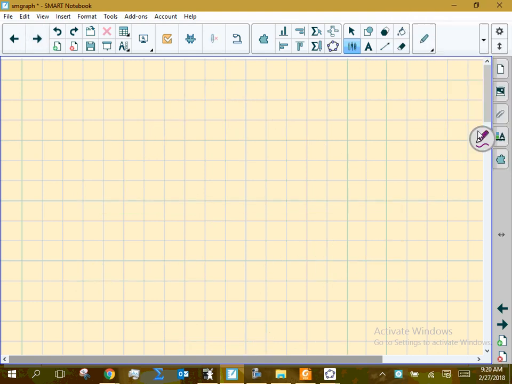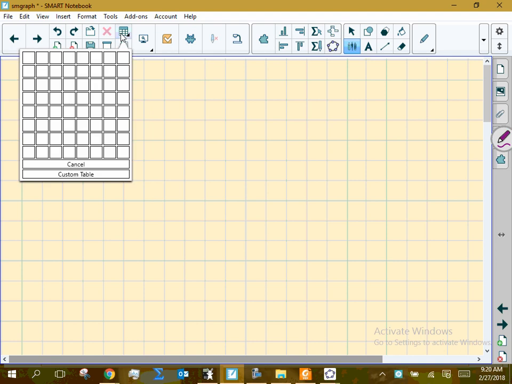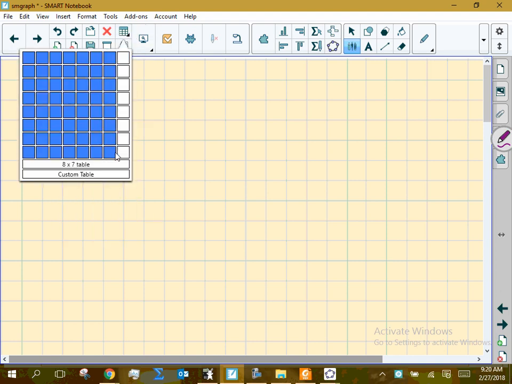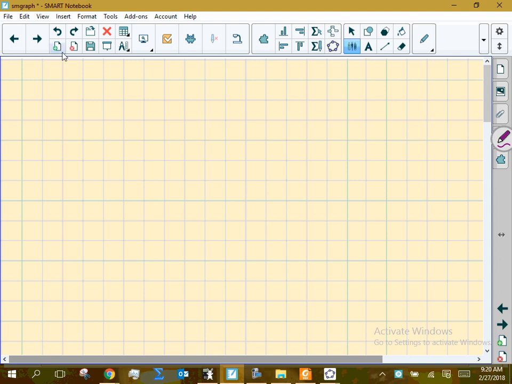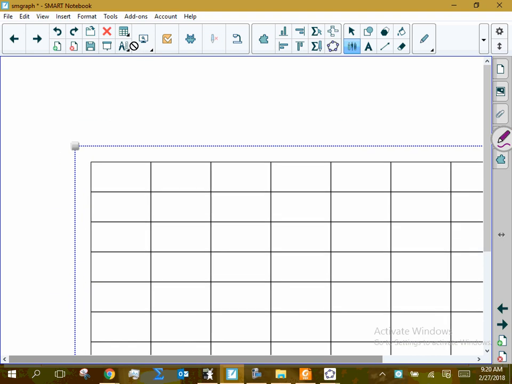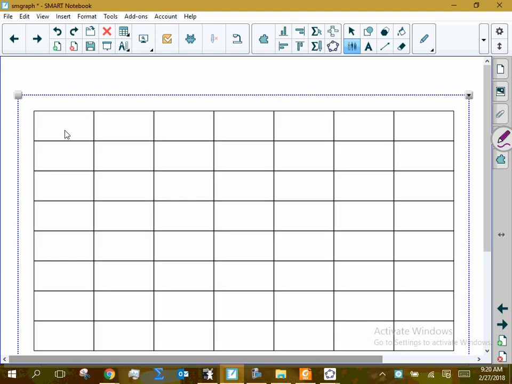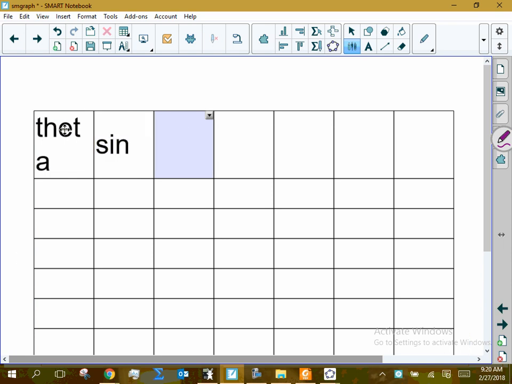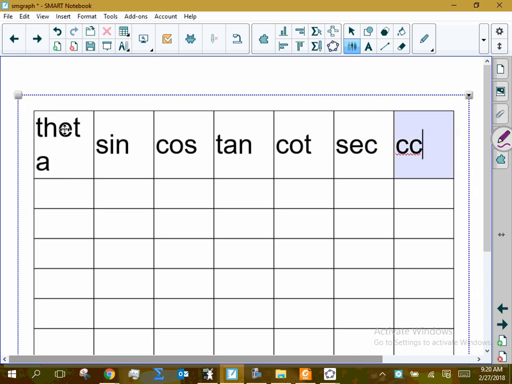In Chapter 5, there was a chart that said we're going to look at theta and then be interested in the sine of it, the cosine, the tangent, the cotangent, the secant, and the cosecant.